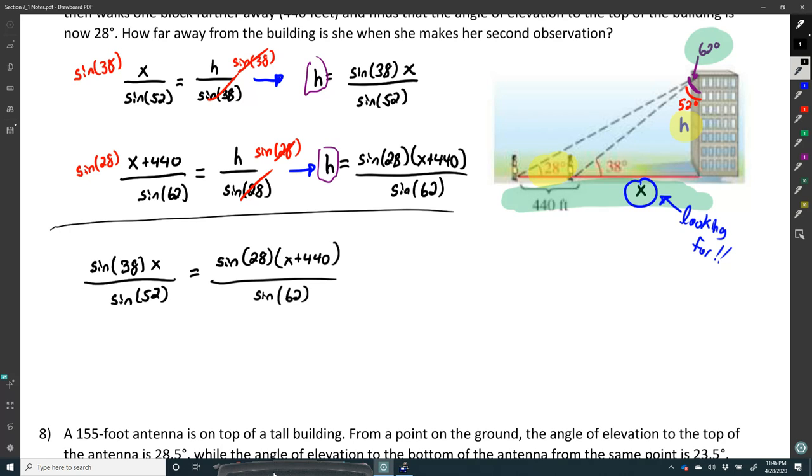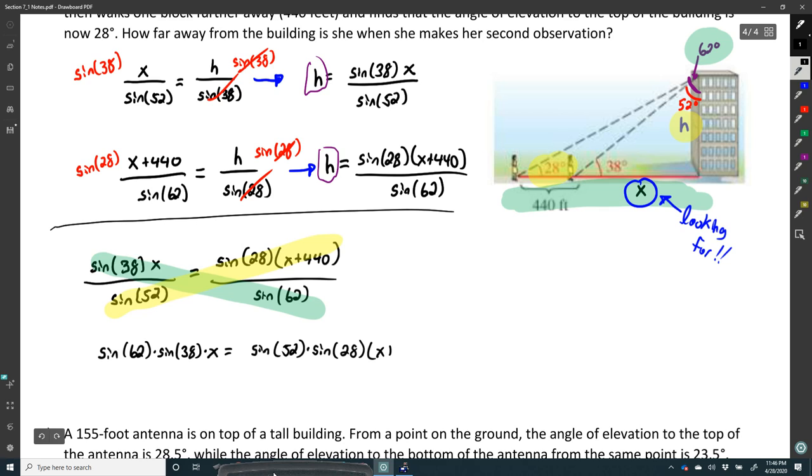So I don't like denominators. One thing I'm going to do is the whole cross multiply thing. I know as a teacher I shouldn't say it, but I'll run out of room if I do it the long way. So if I cross multiply, I have sine of 62 times sine of 38 times x equals sine of 52 times sine of 28 times x plus 440.